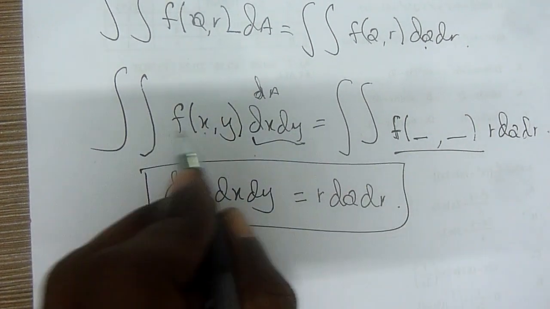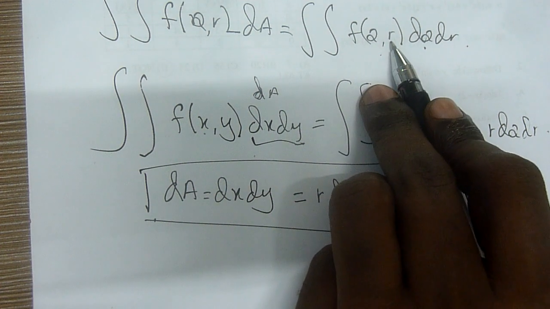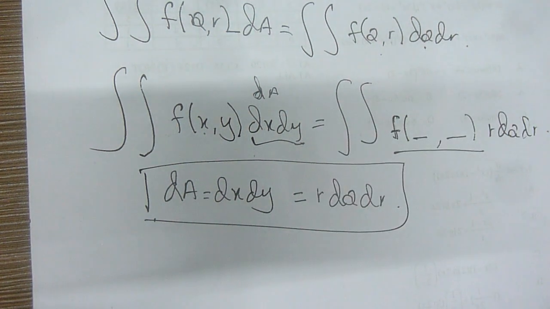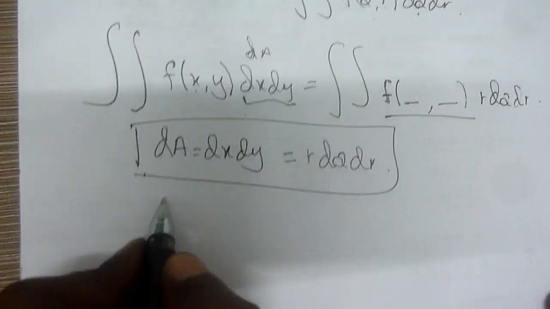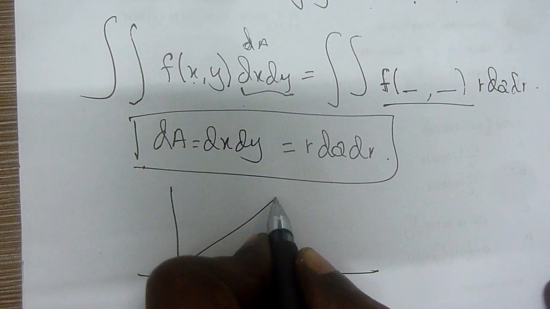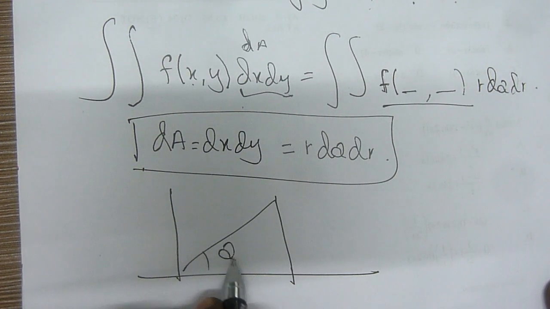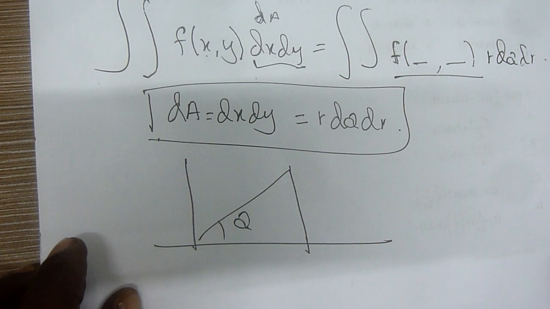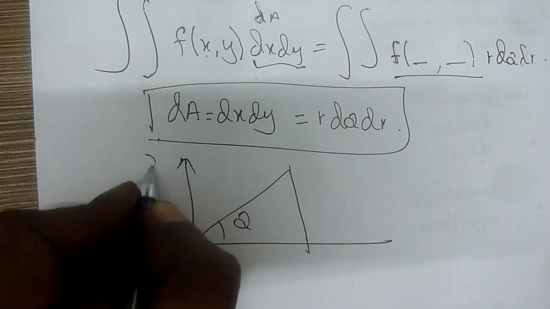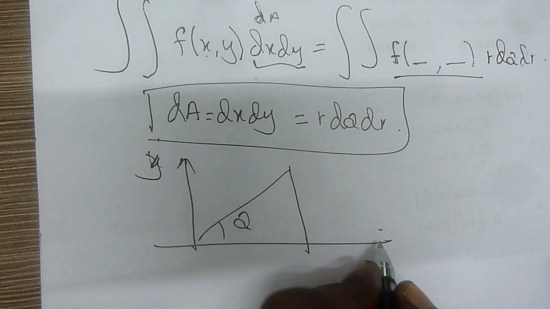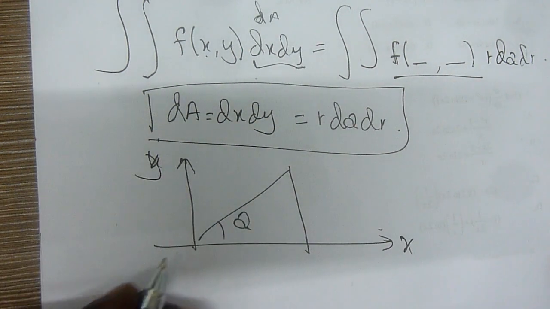How do we find theta and r here? The logic that I already introduced to you is that, in order to do that, you need to use these relations for x and y.